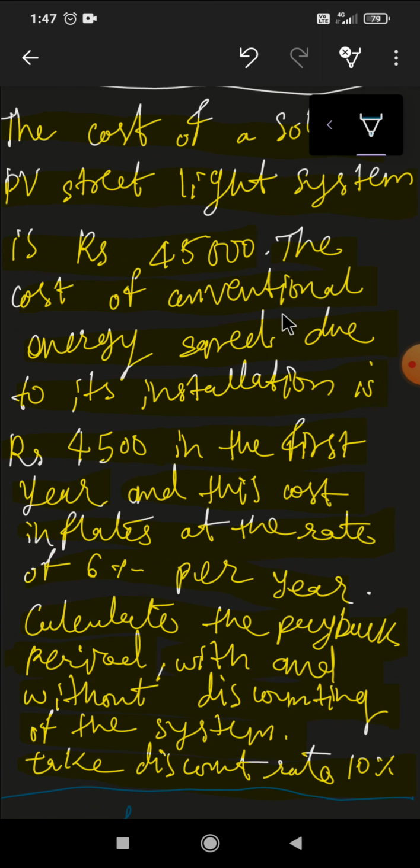So here C is 45,000. We'll plot the data first. C is 45,000, then the first year savings b is 4,500, then I is 6% and D is 0.1%.